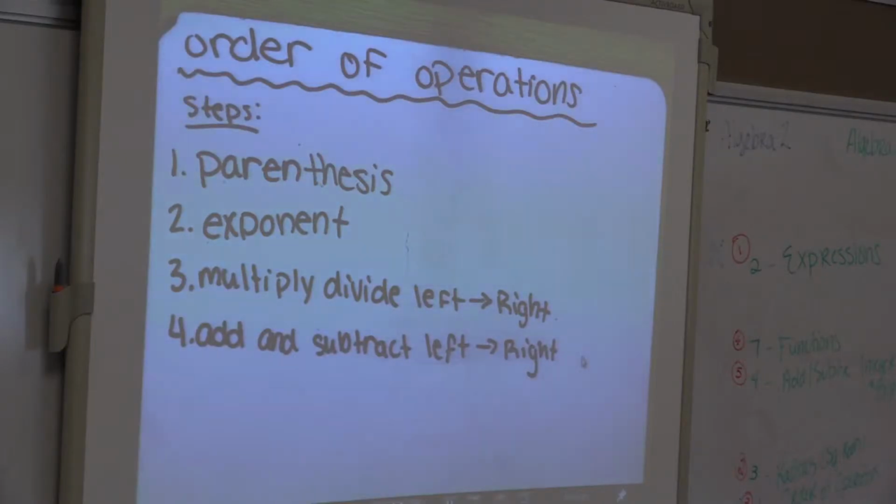In order of operations, there are 4 steps. The first step is to do the parentheses. The second step is exponents. Third step, multiply and divide left to right. And fourth step is add and subtract left to right.